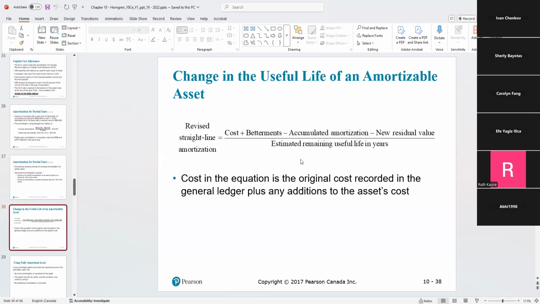If there's a change in the residual value, we're going to apply that change. And we're going to see how many more years are left. Do the calculation, see what the number is. That becomes your amortization expense. Move on. If there are questions like this, that will be only on the straight line method of amortization.